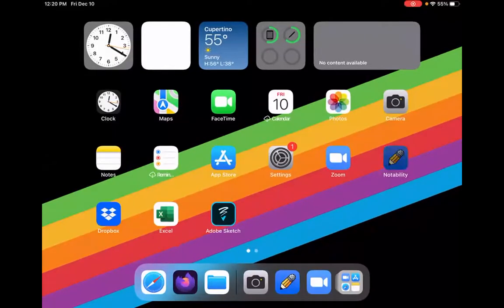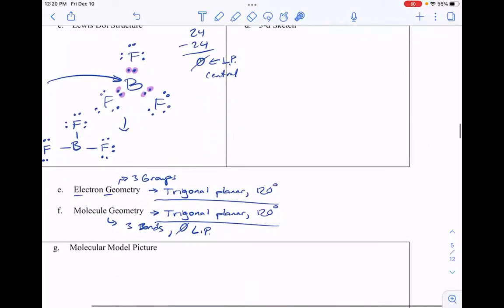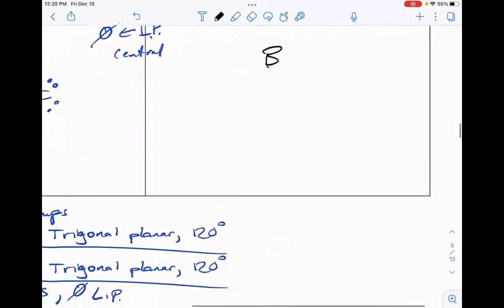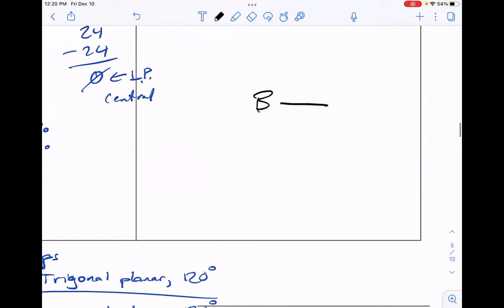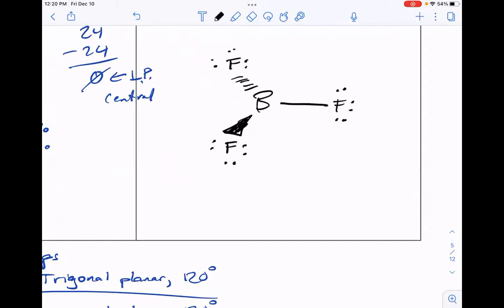So let's go ahead and quickly do the 3D sketch. You have boron with one normal line, 3 lone pairs. You have fluorine, dashed line, 3 lone pairs, 1 bold or 1 wedge, 3 normal, 3 lone pairs, sorry.